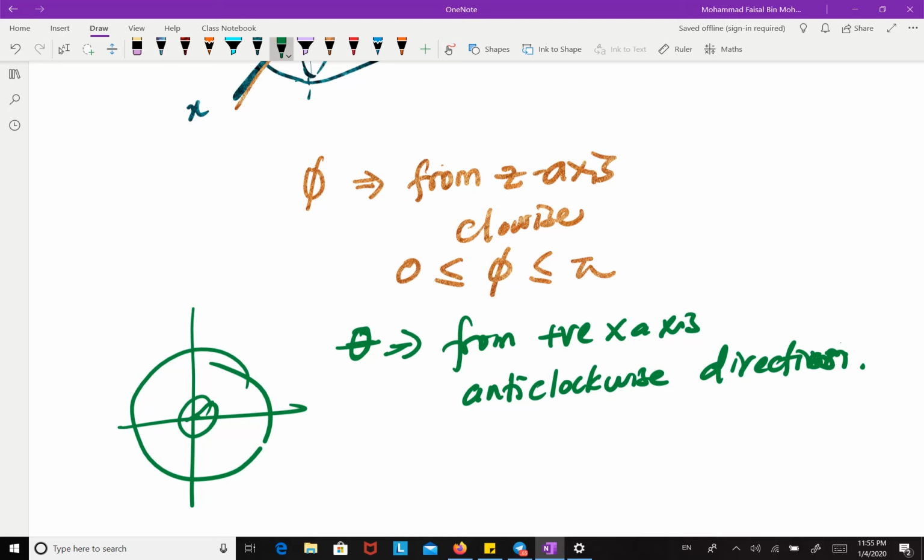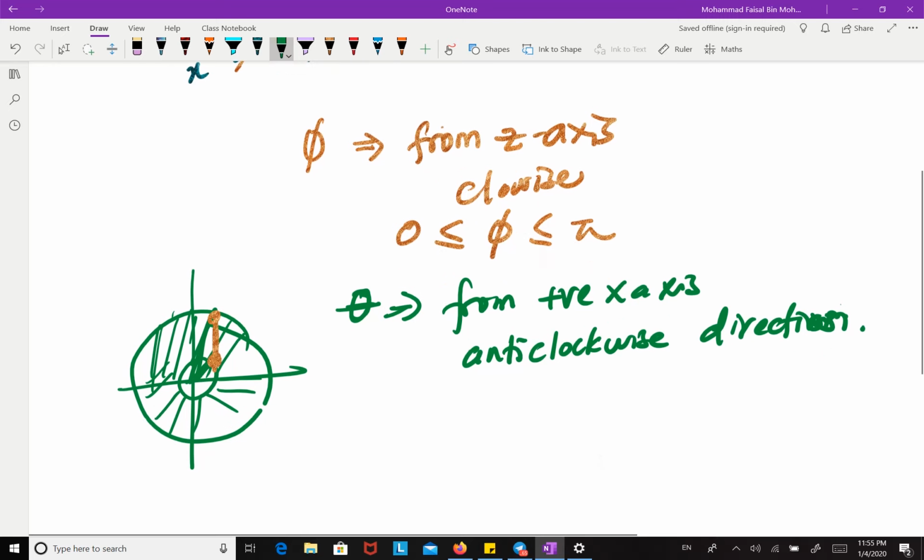So let's say I want this bound, for this region, so I have to draw two things. One, the first radius, and this is the second one. So the radius is from this point to this point. But the maximum of theta should be 2 pi.